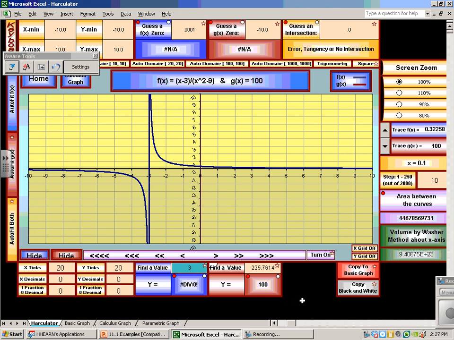So since I have left and right hand agreement, though, we should have a limit at 3. So I can just go ahead and, as I hit trace on my TI, I could just enter 3.0001, for instance, and see what happens just barely to the right of 3. And I see that just barely to the right of 3, we are at 0.166663889.